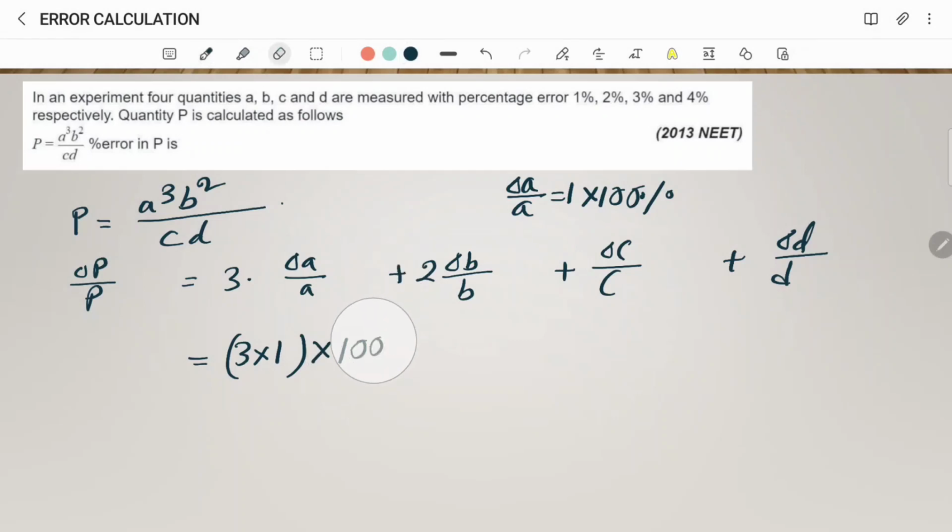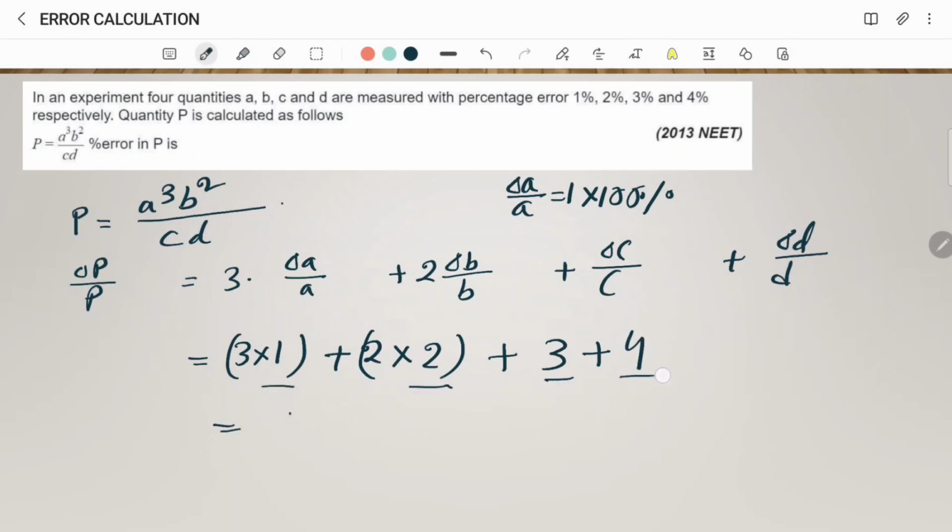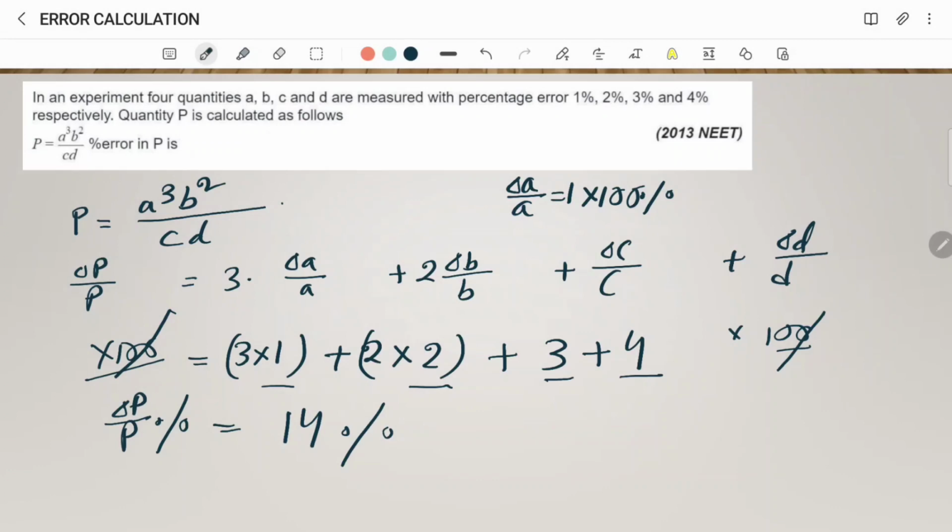Or what we can do is keep the 100 for the last. Plus 2 into delta B by B is 2, plus delta C by C is 3 and this is 4. So this becomes 3 plus 4 is 7, plus 3 is 10, plus 4 is 14. So delta P by P, even if we multiply this by 100, we will also have to multiply this side by 100. So let us ignore the 100 because they will cancel out and the percentage error in this will come out as 14%.